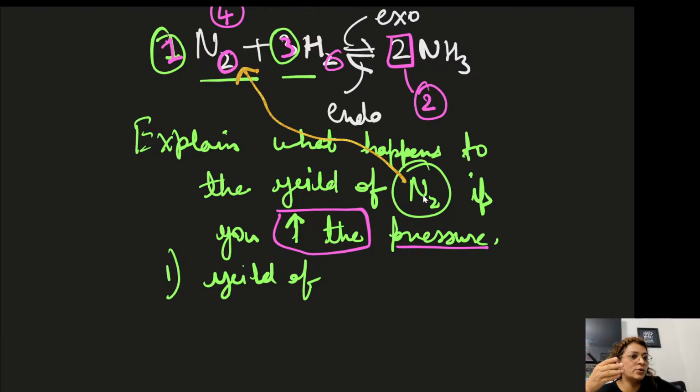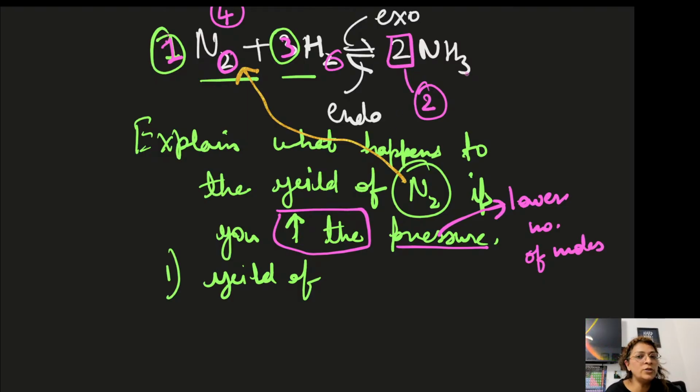You have an exam tomorrow. Very good. It will shift to lower number of moles. End of the story. Where do you have lower number of moles? To ammonia. So the equilibrium shifts to the ammonia side.